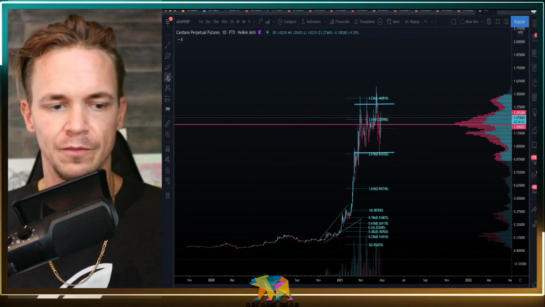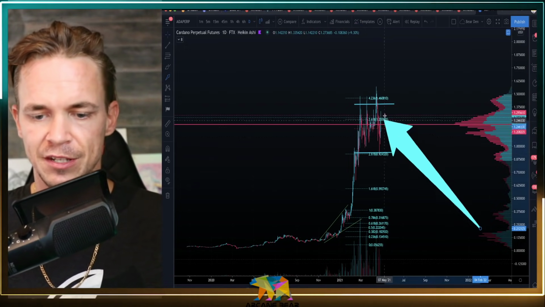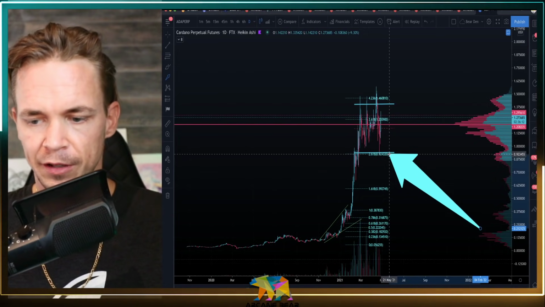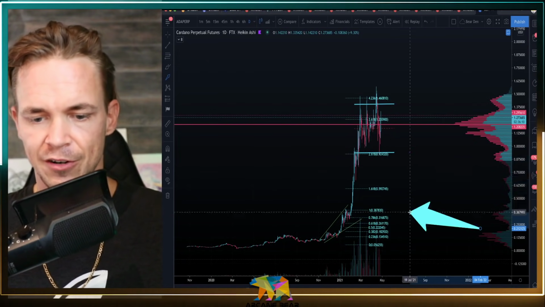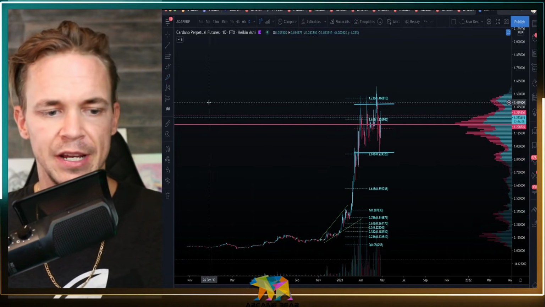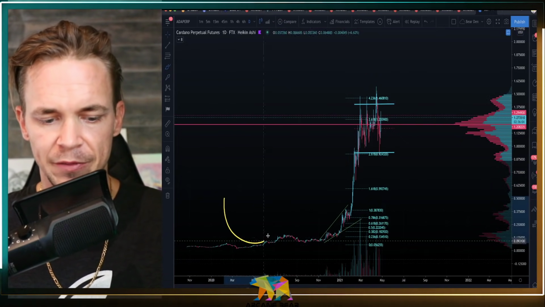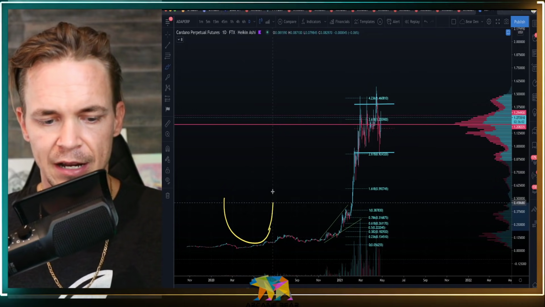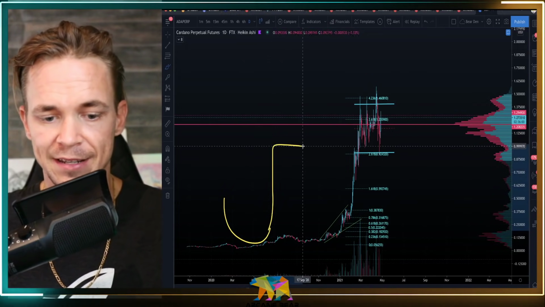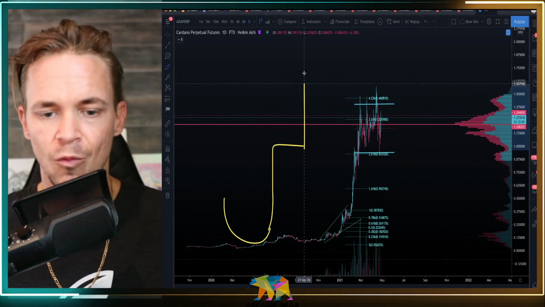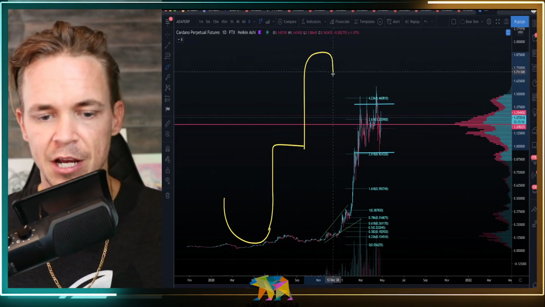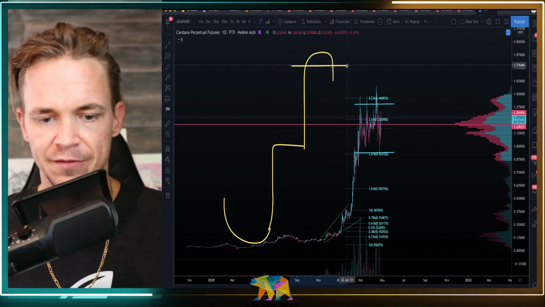Now, I feel more and more confident that if this was a distributional phase, it would have clocked below 92 cents here and started to go down already, which again leads me to believe that the ideal market cycle we're going to see here was the accumulation, which was this area down here, move up into this area of reaccumulation, and then one big final move upwards before we have the end stage of distribution itself.